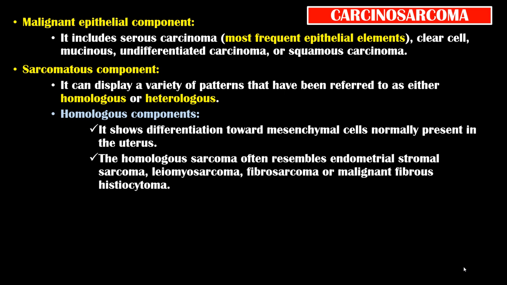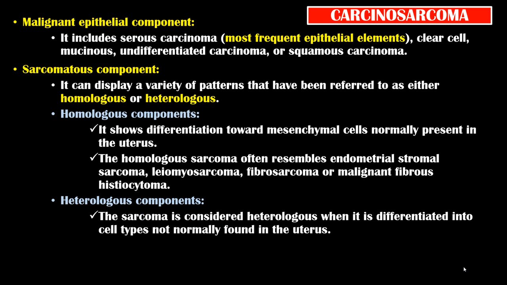The homologous sarcoma often resembles endometrial stromal sarcoma, leiomyosarcoma, fibrosarcoma, or malignant fibrous histiocytoma. Heterologous components. The sarcoma is considered heterologous when it is differentiated in two cell types not normally found in the uterus.